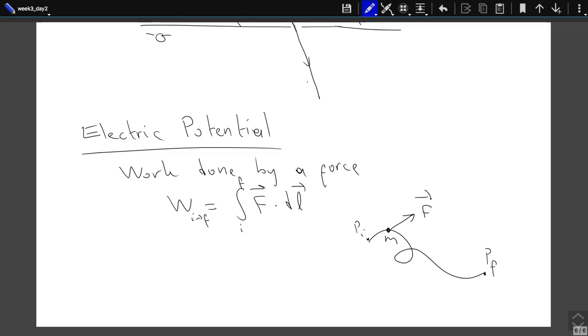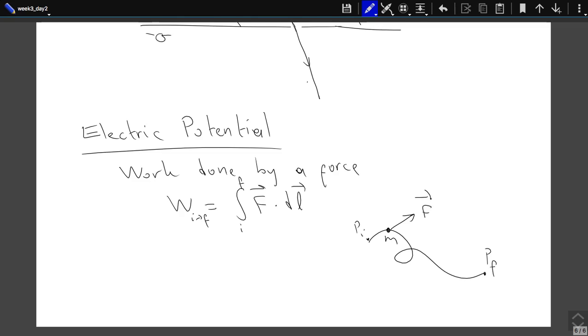So this was the expression of the work done on the object. What you do is you divide this line into very small segments. At every segment, there is a displacement dl. There is the force acting on the object on that segment. You take their scalar product, that is the work done on the object during that segment. You just sum over all the segments, so you calculate the work.